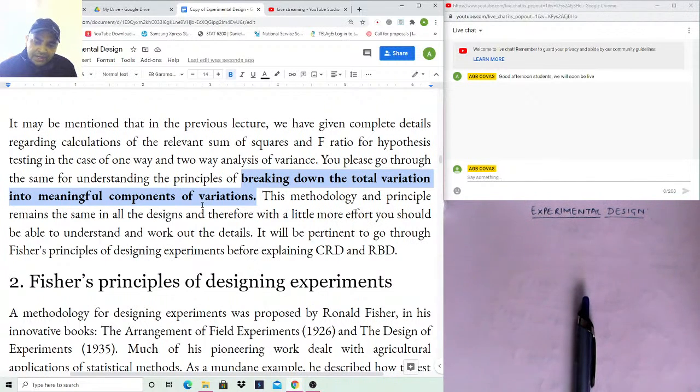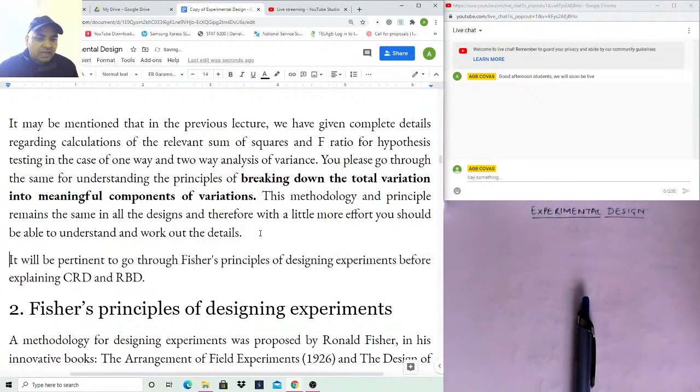So it will be pertinent to go through Fisher's principles of designing experiments now before explaining CRD and RBD. Okay. So one thing is that you should have a basic and sound knowledge of the ANOVA, and then we should have some sound knowledge about Fisher's principles of designing experiments before explaining the CRD.